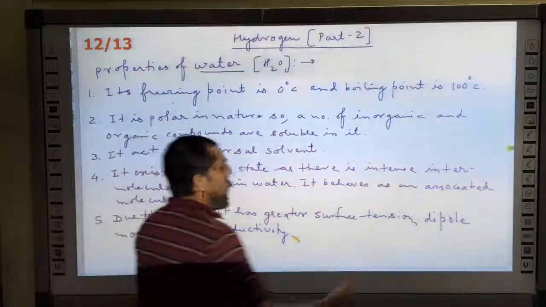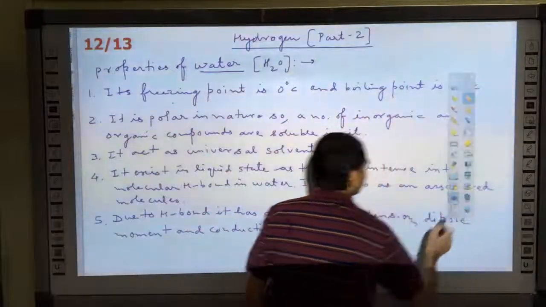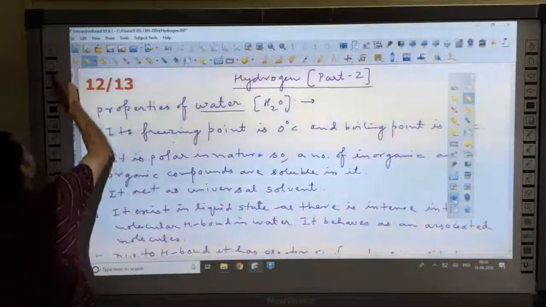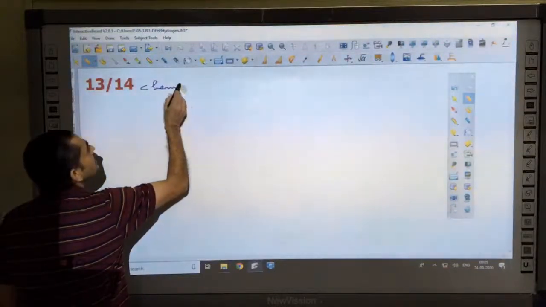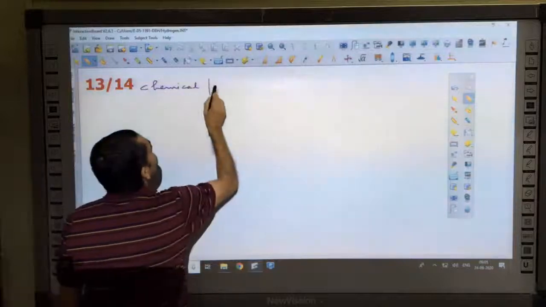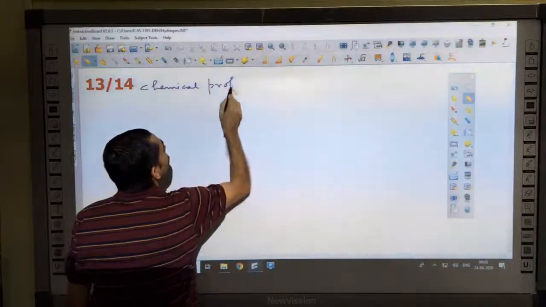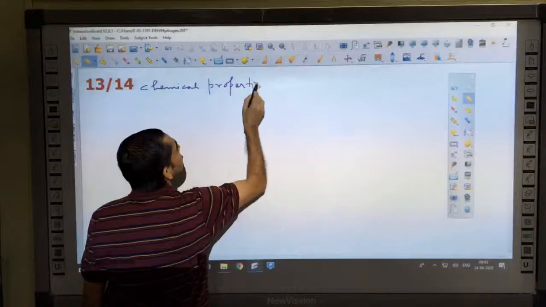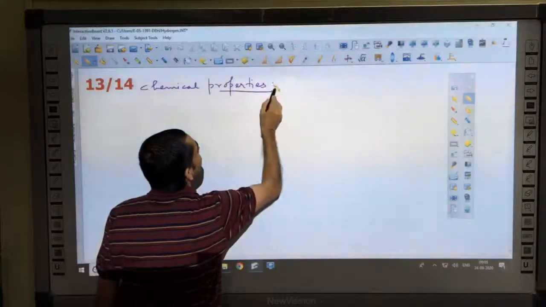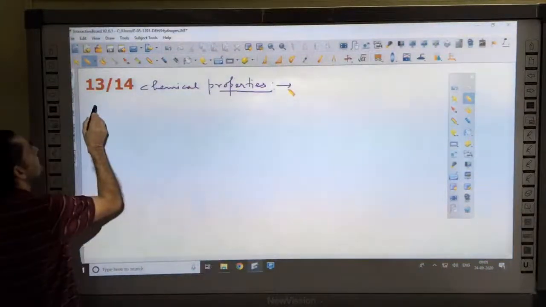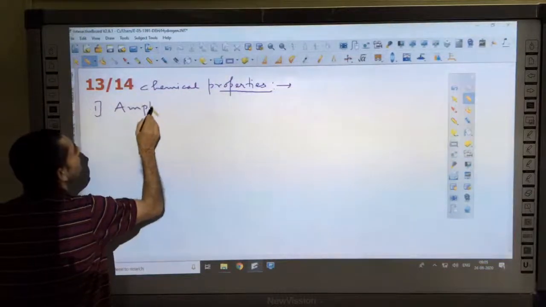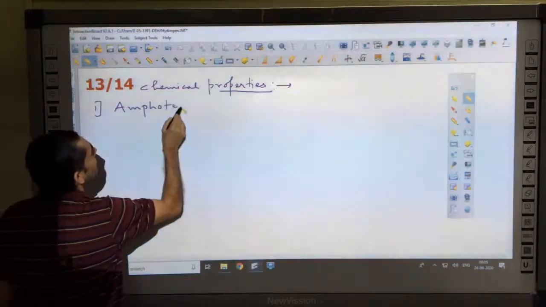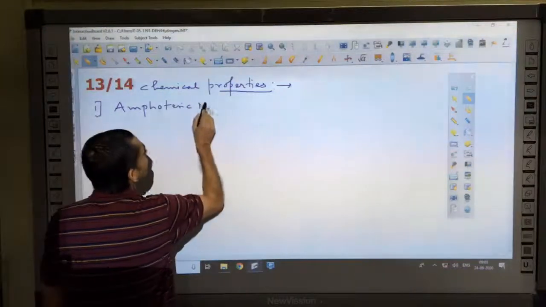Now, coming on to its chemical properties. Number first, amphoteric nature.